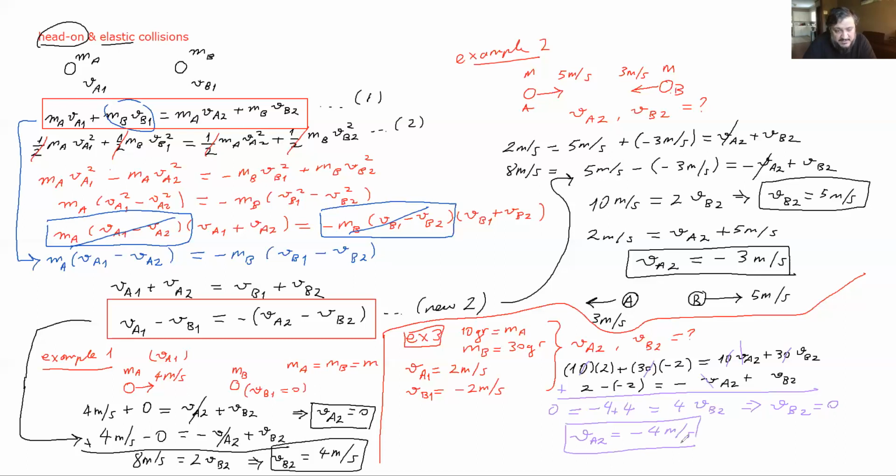These are the velocities after the collision, right? So the heavier object, MB, just stops. And VA2 starts moving in the opposite direction, doubling its speed, all right? Okay, I'm going to stop here.